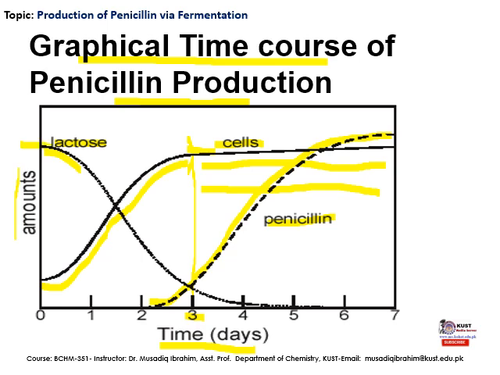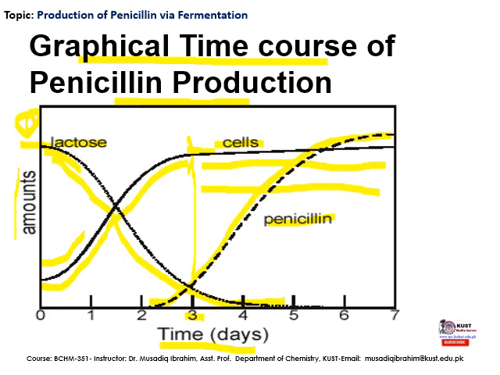At the beginning, the maximum amount of lactose is provided within the fermentation tank, and as the fungal cells are growing, the lactose concentration is decreasing. And with the passage of time, after about 4 or 5 days, the lactose concentration is totally depleted within the fermentation tank.